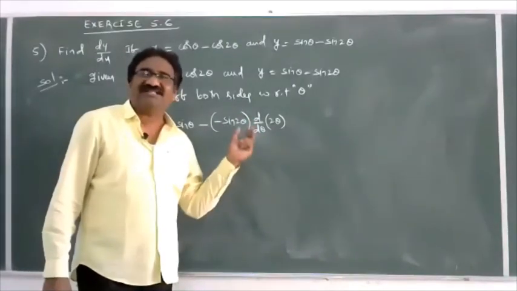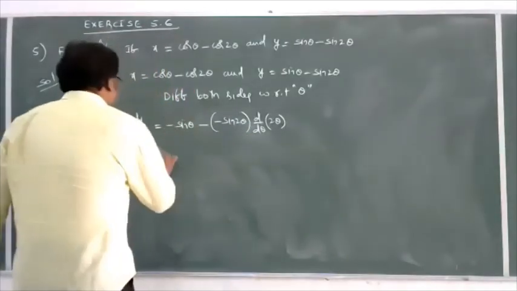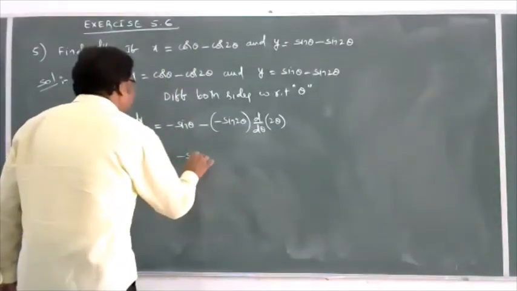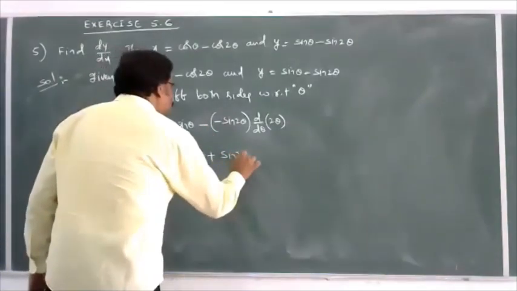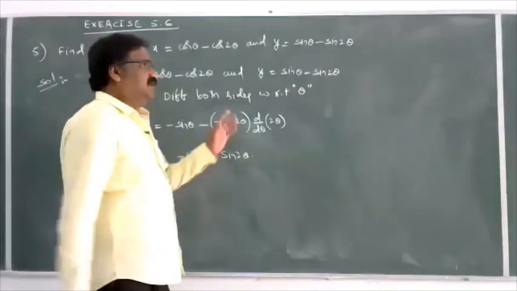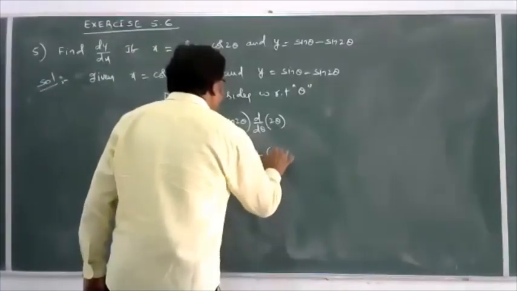We are doing with respect to theta. That is equal to minus sin theta, minus into minus plus sin 2 theta into d by d theta of 2 theta, 2 constant into theta derivative 1.